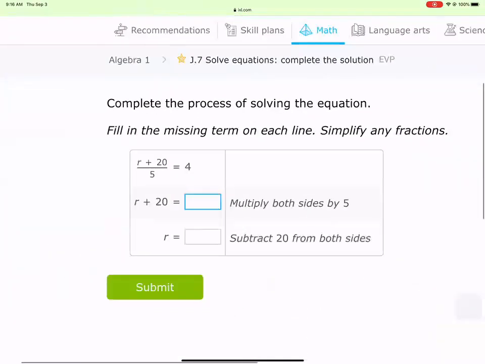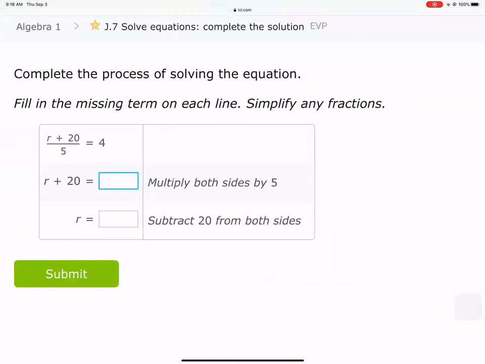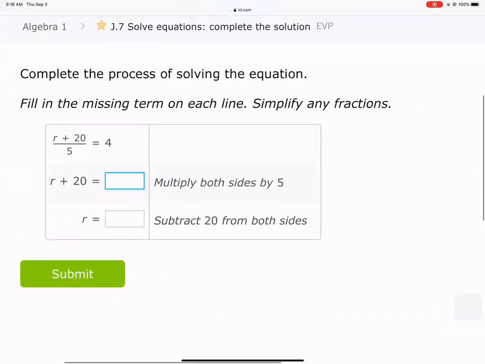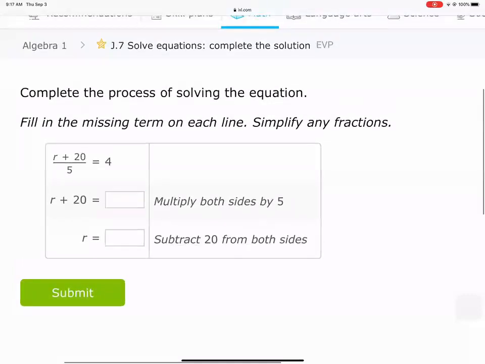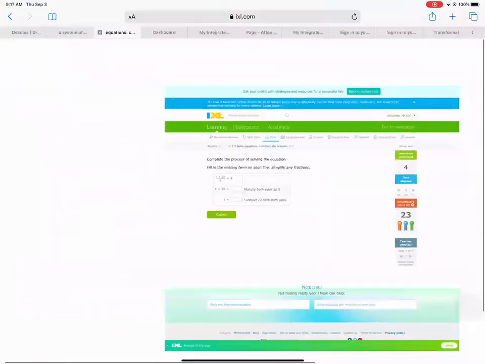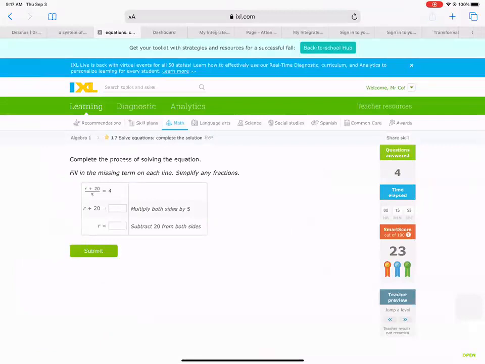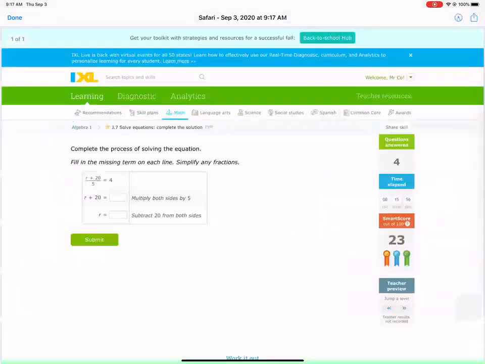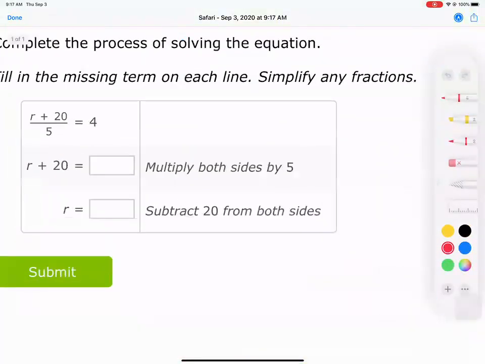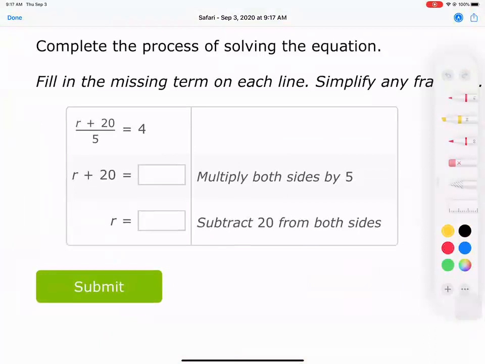So you can go through these problems pretty quickly. Sorry, this is a different one. Go ahead and mark it up. Okay, I see an r, that's my variable, and I need to get rid of the 20 and the 5.